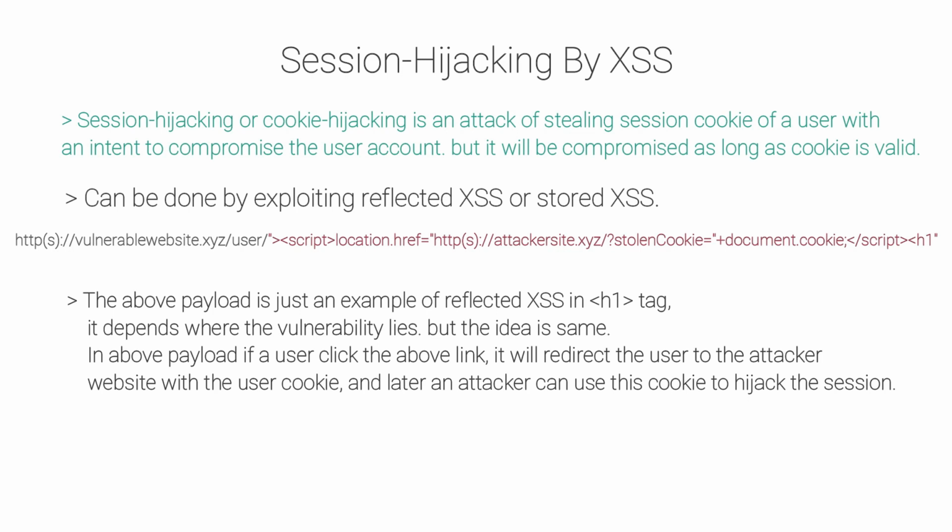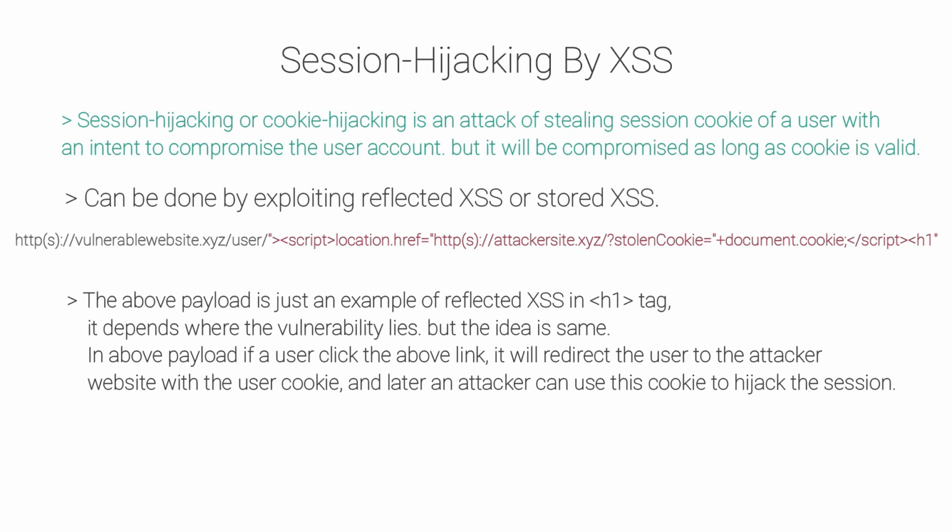In the above payload, an attacker is just redirecting our user with his or her session cookies to an attacker website with a stolen cookie GET parameter value. Also, this can be done using an asynchronous GET or POST request that will execute the whole JavaScript code in the background and the user won't have any idea about it.